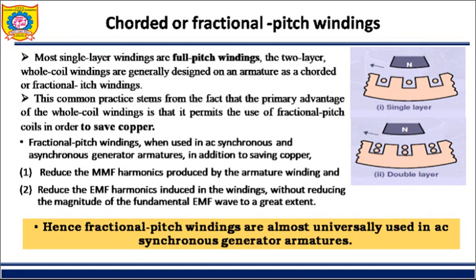Most single layer windings are full pitch windings. Two layer whole coil windings are generally designed on an armature as chorded or fractional pitch windings. Why? Instead of taking the full pitch, we are reducing it to the fractional pitch or short pitch.